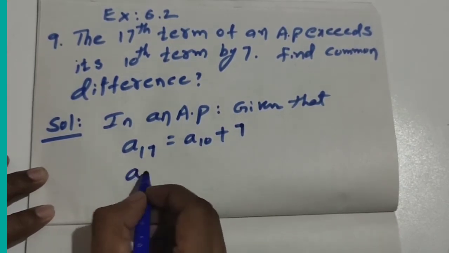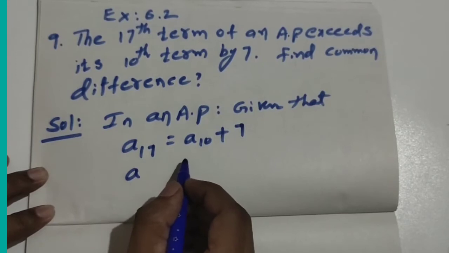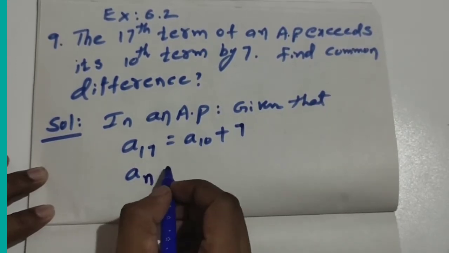So here to write A17 and A10, we have to apply the AN formula.